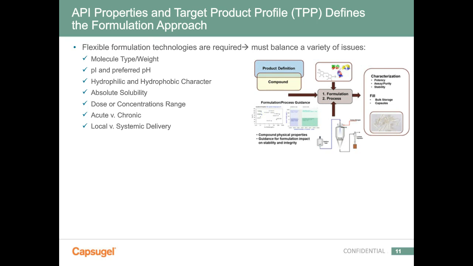What's the overall dose and concentration we need if there is a defined delivery profile? Are we looking at something that's acute or chronic delivery itself? And then also, is it something that's actual local delivery?